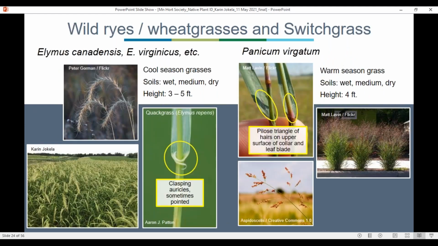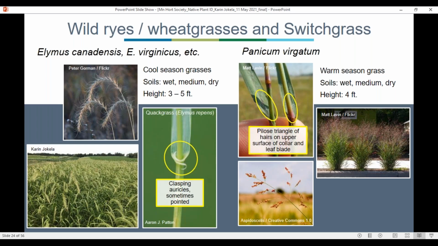Okay, the ryes, these are at least wild rye, these are cool season grasses. Pretty diagnostic when they have flowering heads because they're beautiful, droopy. Some of them are more erect, but they're pretty diagnostic, kind of ryes and wheat grasses.